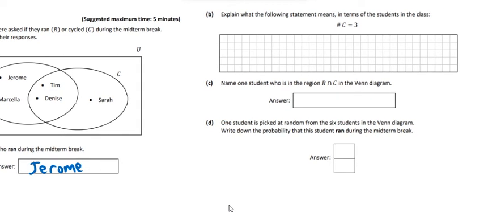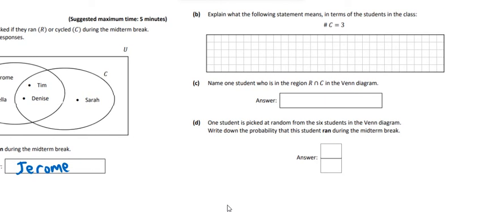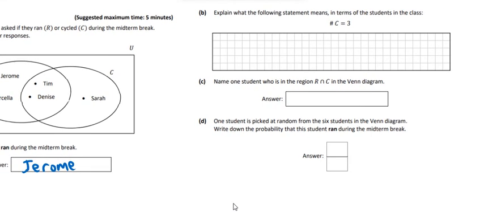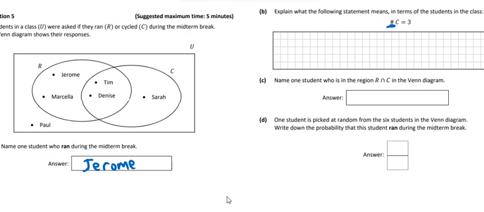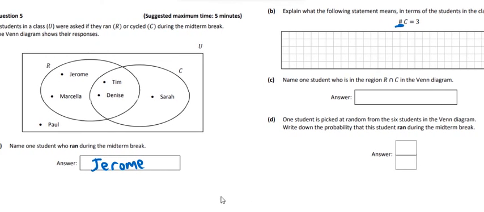Part B then, explain what the following means in terms of the students in the class. What this symbol means here, it looks like a little hashtag, but it's the cardinal number. So it's the cardinal number of C equals 3. Cardinal number means the number of elements in the set, or in this case, the number of people in the circle. So the number of people in C is 3.